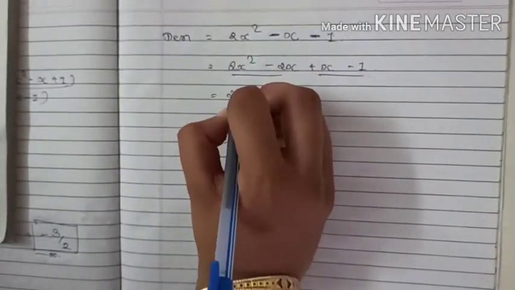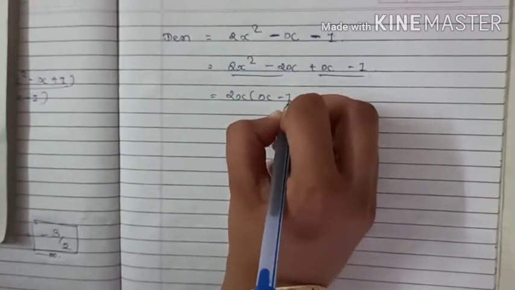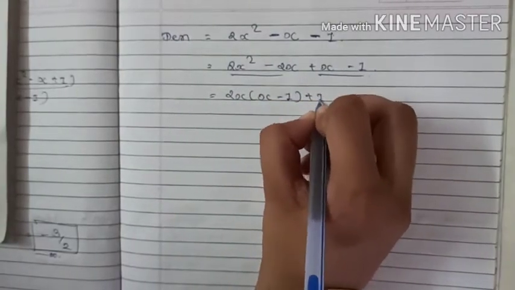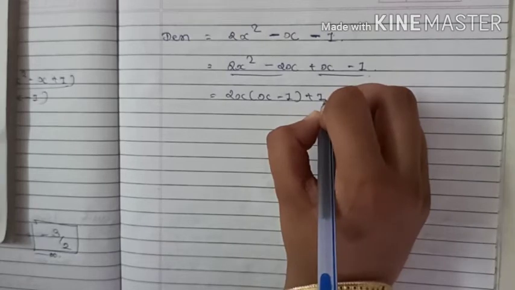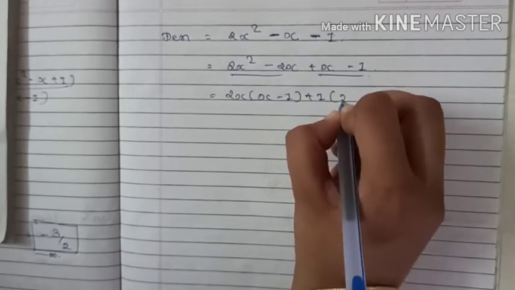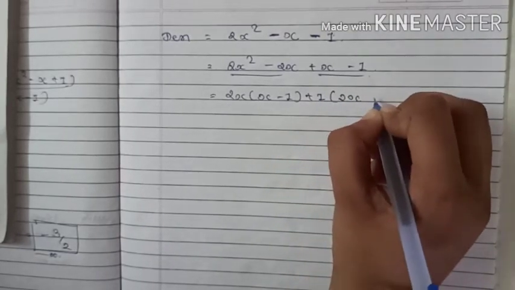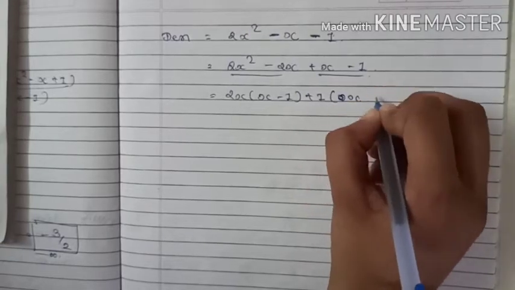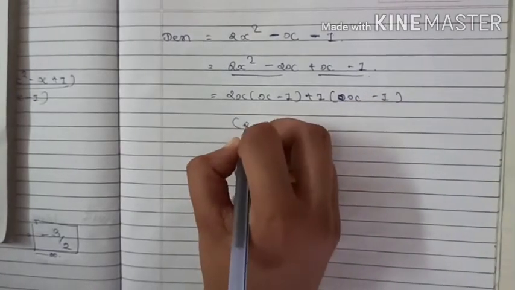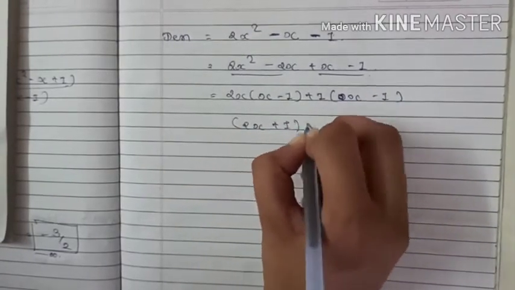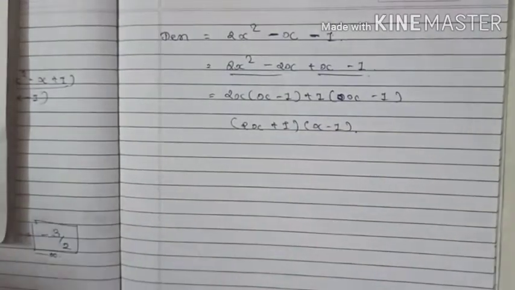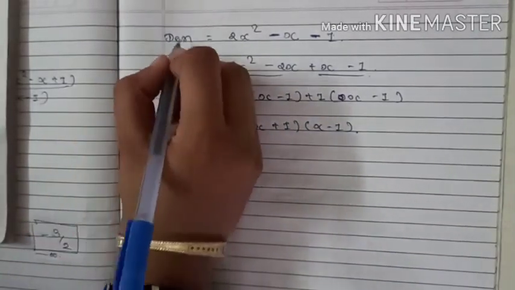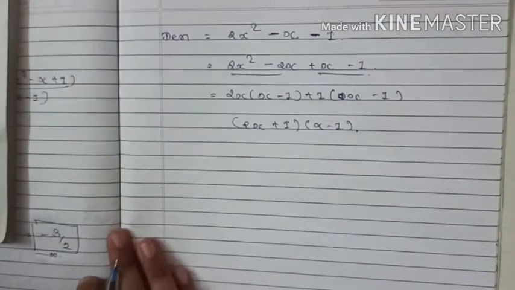Here the same, 2x common, x minus 1 plus 1, x minus 1. So 2x plus 1 and x minus 1. We get both the numerator and denominator factorization.